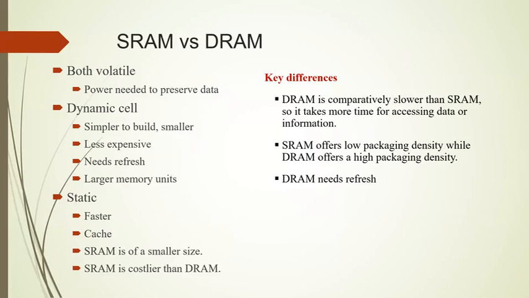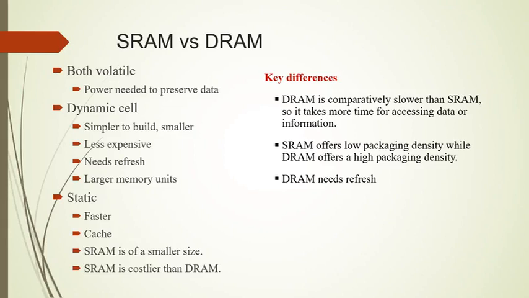SRAM is costlier than DRAM. Key difference: DRAM is comparatively slower than SRAM, so it takes more time to access the data and information. SRAM offers low packaging density, that means SRAM capacity is very low.